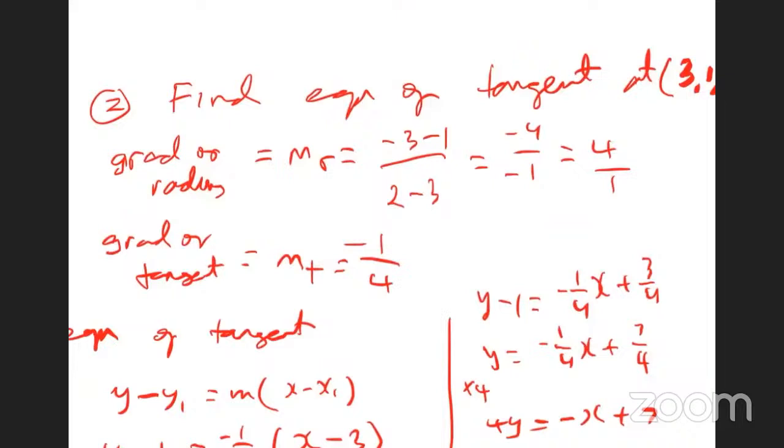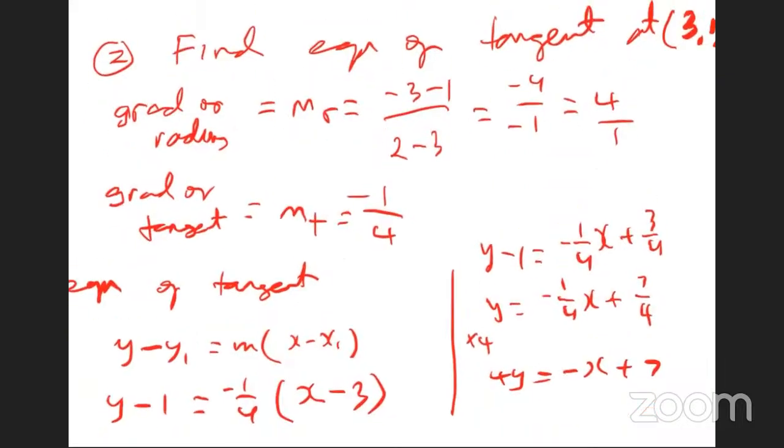Plus 7 and 4. Nice. Right? I just multiplied by 4 and got the answer, right? Any trouble? You sure?